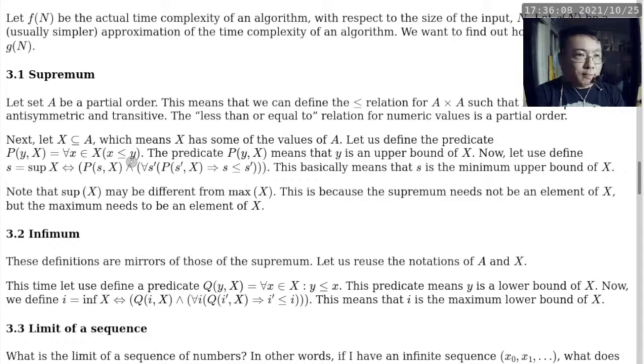Nope, y is not necessarily in X. So y is basically an upper bound of X. If p comes back and says yes, this quantified expression is actually true, then we can say y is an upper bound of X. Now y itself doesn't have to be an element of X. It has to be an element of A, but it doesn't have to be an element of X. So it is just an upper bound. Now, when we talk about an upper bound, it can be a very gross upper bound.